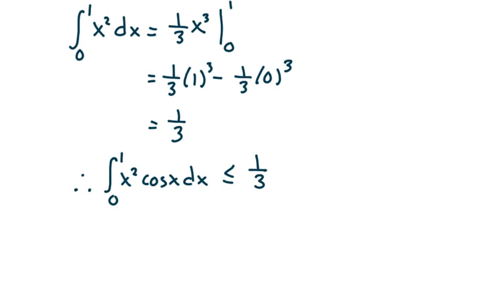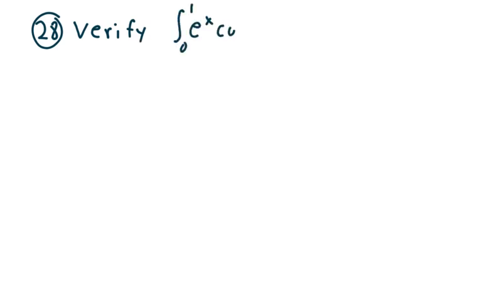Let's take a look at problem 28. On problem 28, we want to verify the integral from 0 to 1 of e to the x cosine x dx is less than or equal to e minus 1.